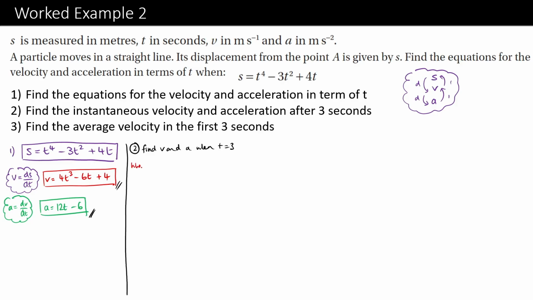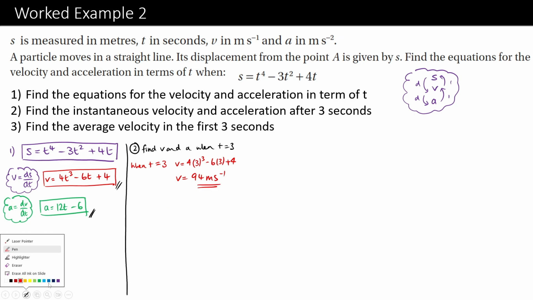So when t equals 3, V is going to be 4 lots of 3 cubed minus 6 lots of 3 plus 4, and that's going to give me a V value of 94 meters per second.